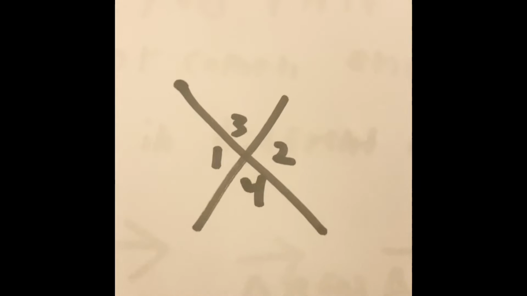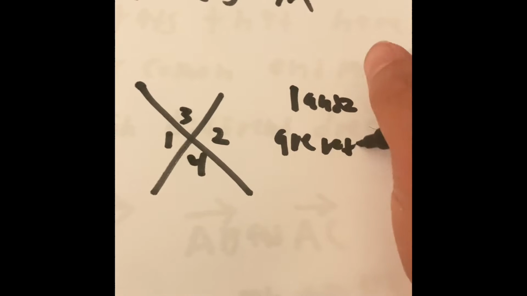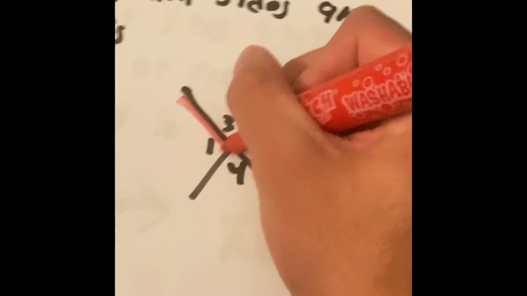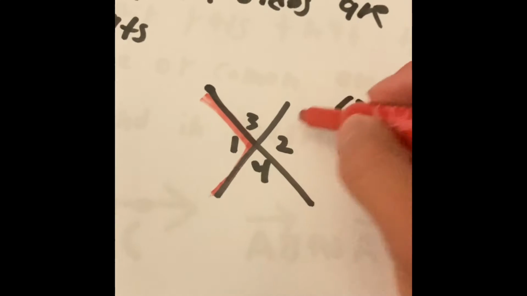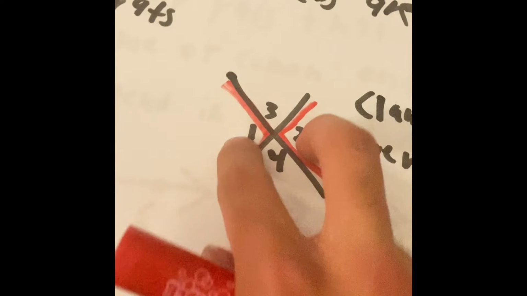So with this diagram right here, we can say that 1 and 2 are vertical angles. Angle 1 and angle 2 are vertical angles. They don't have to be pointing up towards the sky or falling to the ground, but basically they are opposite rays that are congruent to each other, and also they're literally on both sides.